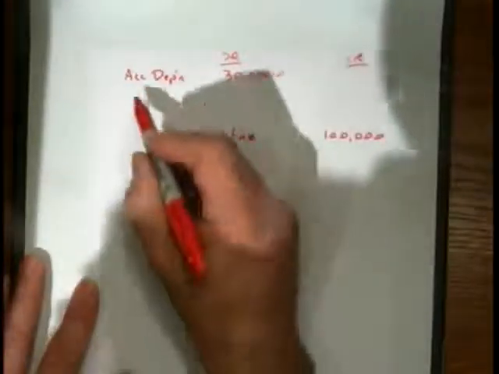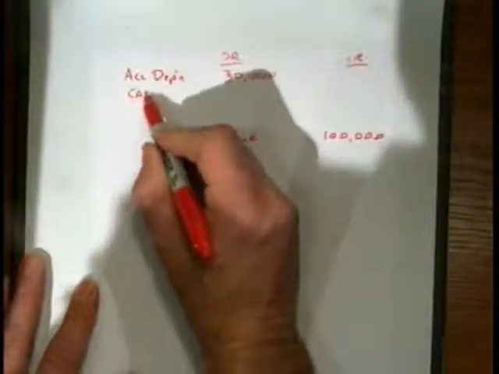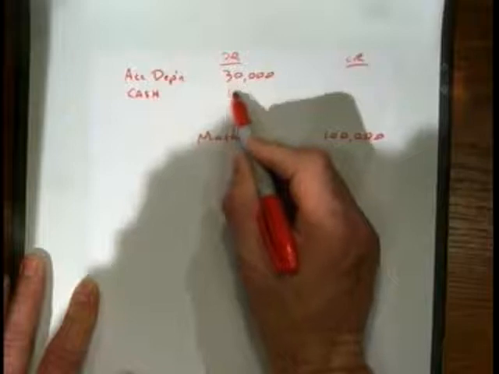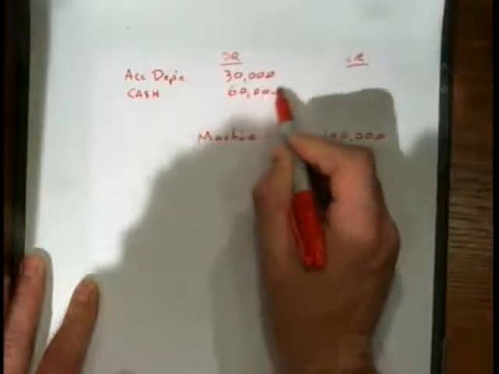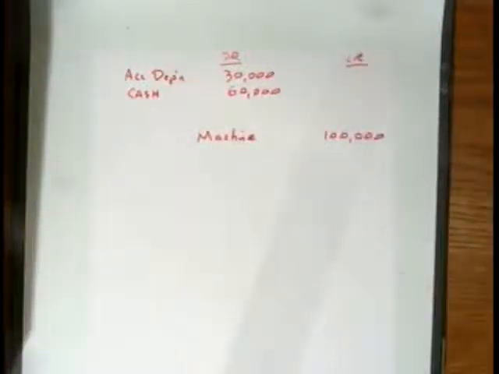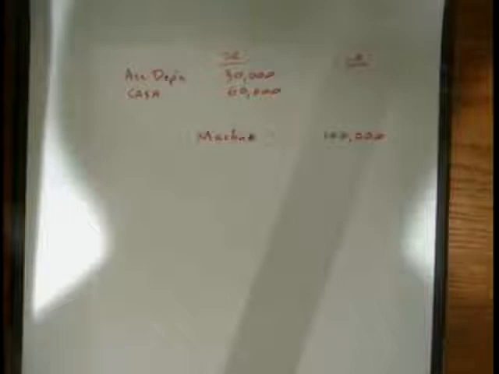Okay. So that is cash being debited because it's being increased, correct? So that's our next step, is we debit cash for $60,000. Okay? Now the last step, our fifth step, is to see if the journal entry balances. It doesn't.